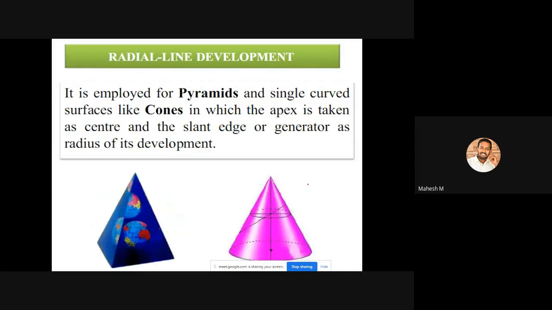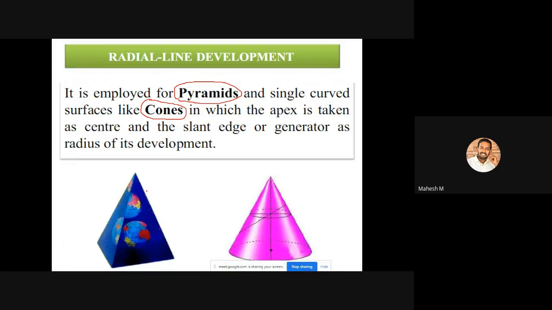Okay, and the next one is radial line development. This kind of development method is available for all kinds of pyramids and for cones.